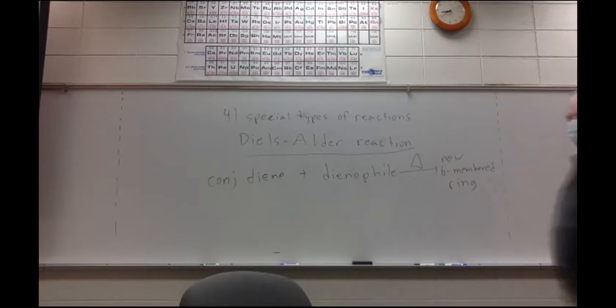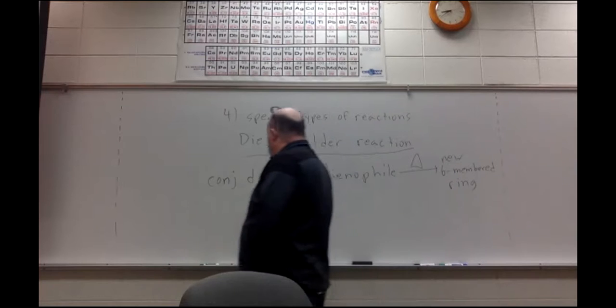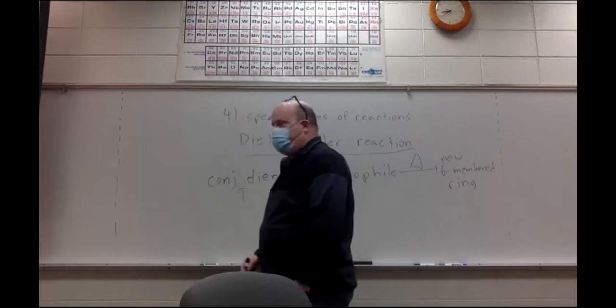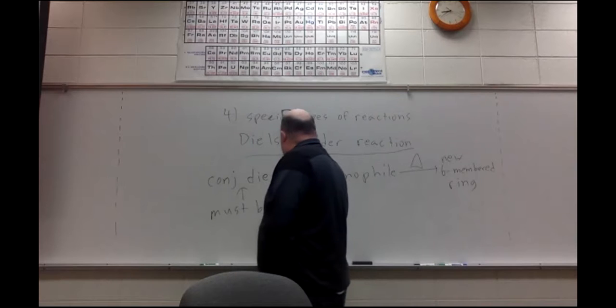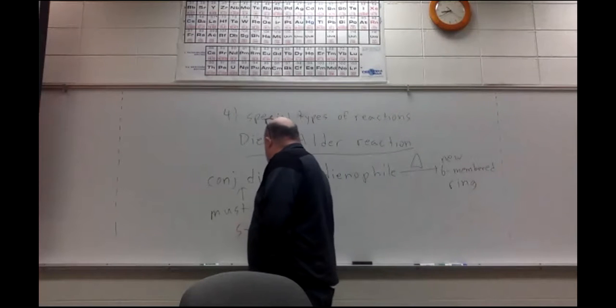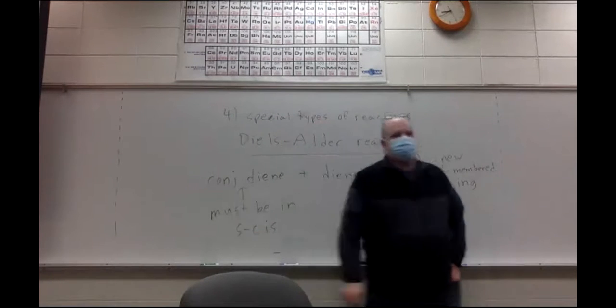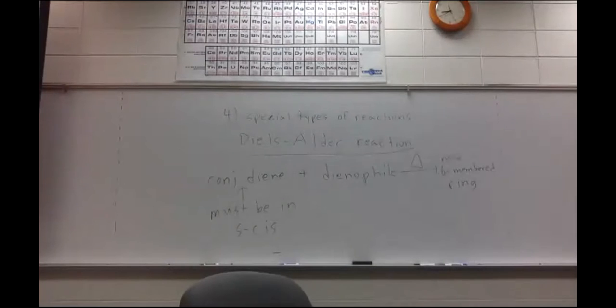So there are features. First of all, the conjugated diene must be in the S-cis configuration. It doesn't work if it's S-trans. So for that reason, you can actually take a look at the type of diene that you're using, and you can make predictions about reaction rate.